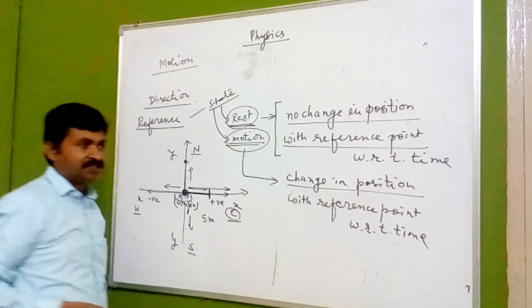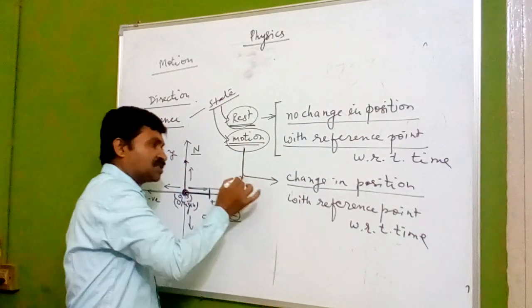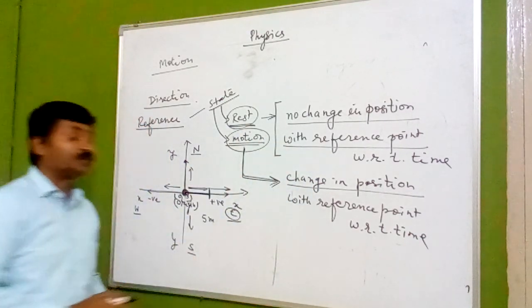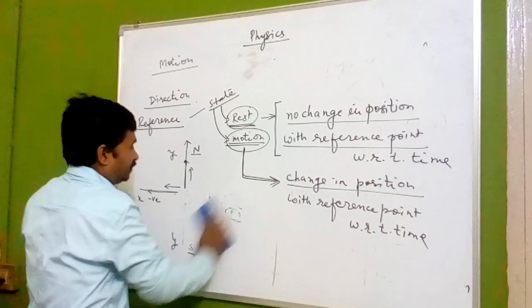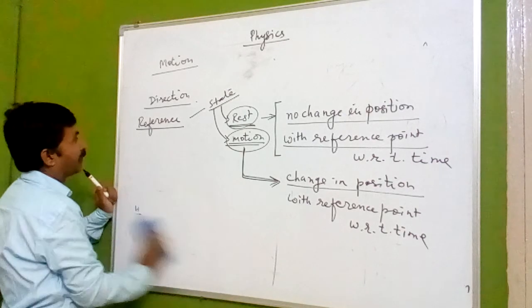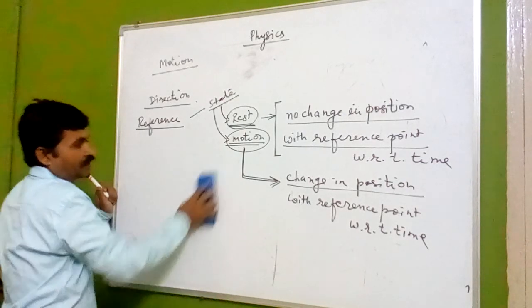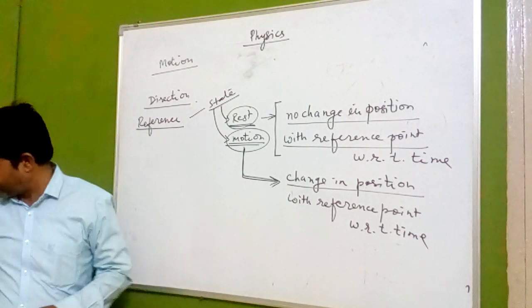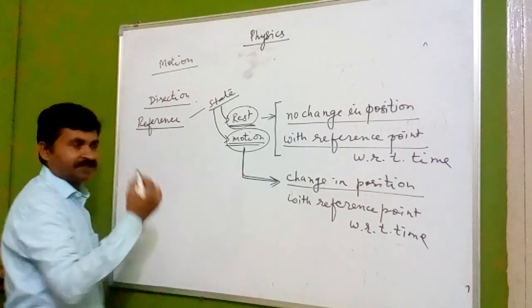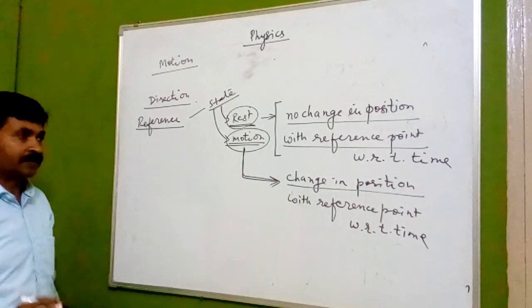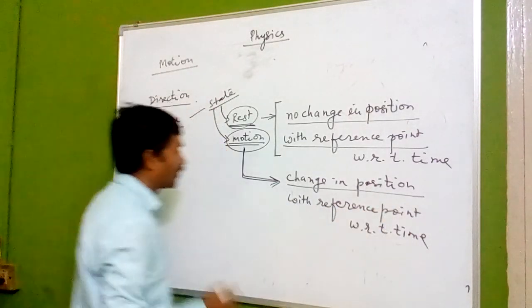Change in position with reference means if the object changes its position, definitely it is going to be in motion. Now if it is in motion, what will happen? If no change in position with reference point with respect to time, but change in position with reference point.